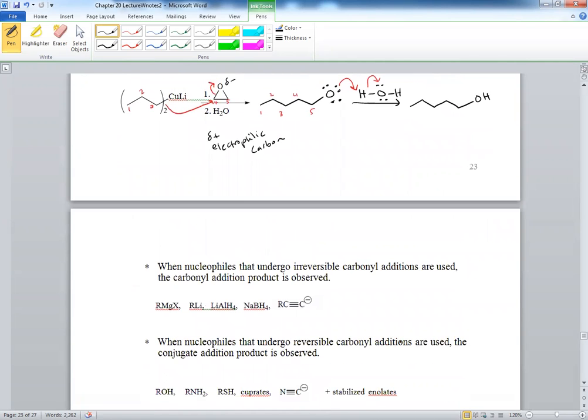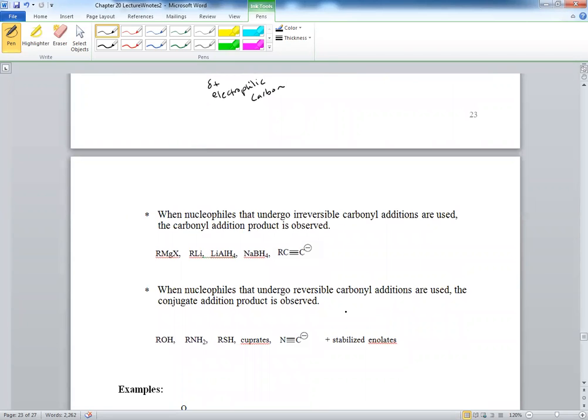Now, when nucleophiles that undergo irreversible carbonyl additions are used, the carbonyl addition is observed. These are statements that we're making now because we will study them more in depth, especially in part 2. So this is the addition we've been talking about, where we have the carbonyl addition product. You end up with, let's say, an alcohol, and you have an R group, an R group, and an R group.